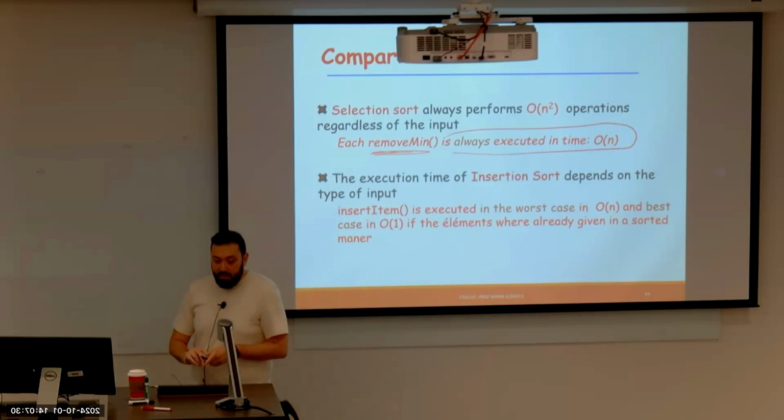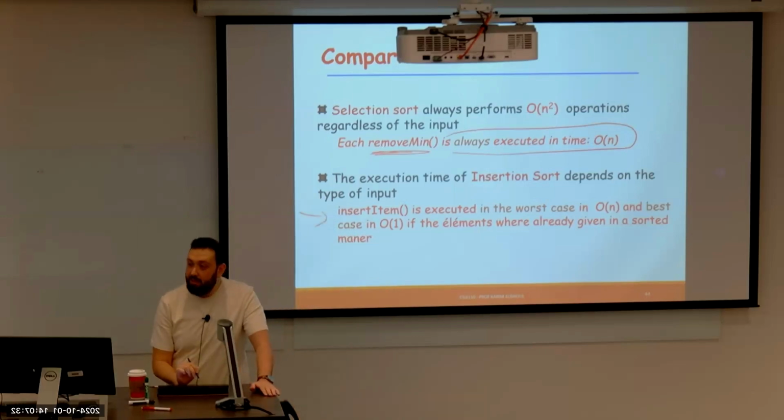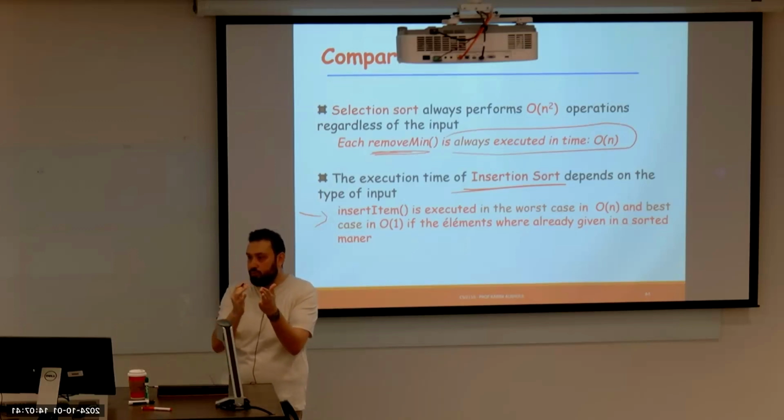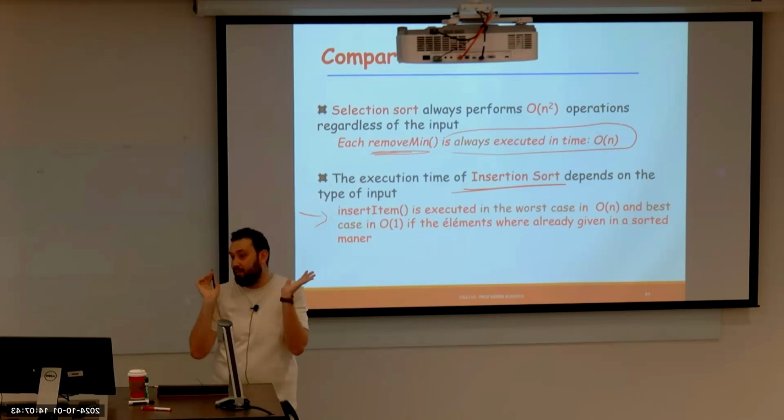Correct? Okay. But when it comes to inserting with the insertion sort, at best, it's going to be O of n. Why? Because what if they are already ordered? Each time you insert, you're not going to move anything.